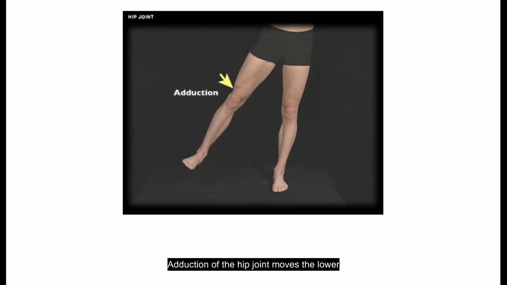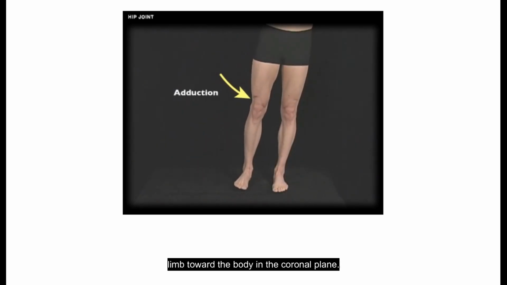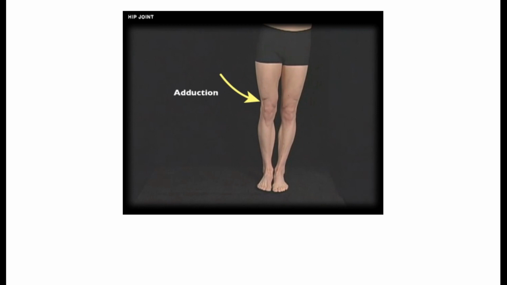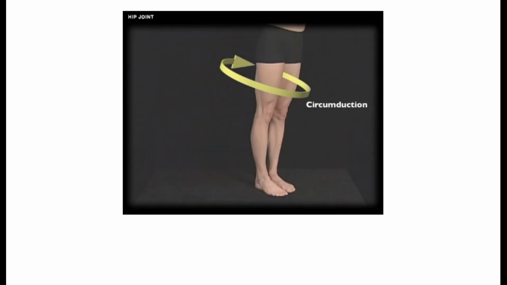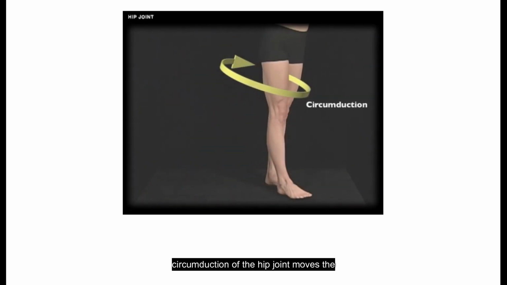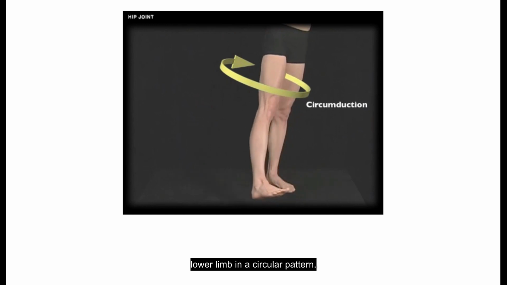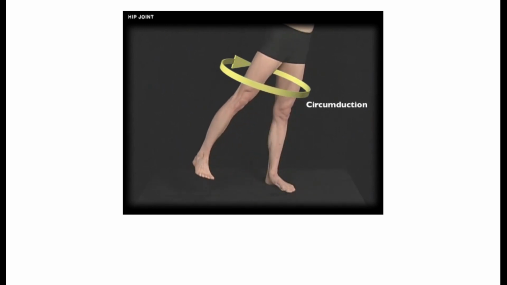Adduction of the hip joint moves the lower limb toward the body in the coronal plane, for example, during jumping jacks. Circumduction of the hip joint moves the lower limb in a circular pattern.